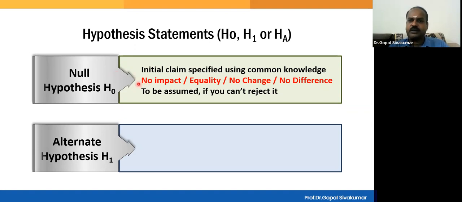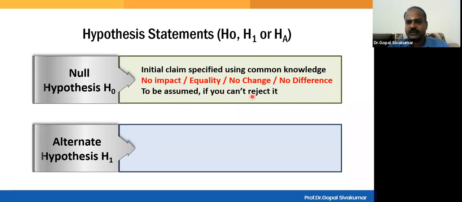Otherwise, you can also define null hypothesis as a statement of no impact or a statement of equality. You have 10 machines and all 10 machines are the same in terms of performance, production rate, surface finish, and all those things. So you can also say null hypothesis is a statement of equality, a statement of no change, and a statement of no difference. So always null hypothesis is to be assumed if you cannot reject it.